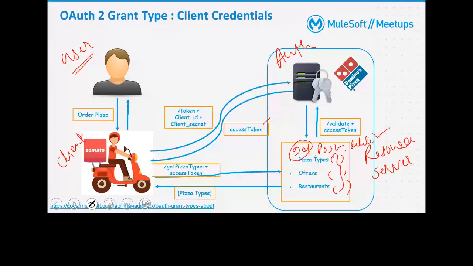So all these scopes are mentioned over here in this authorization when you're taking the access token. When you're taking the access token, at that time itself you'll mention, okay, I want the token for this scope.